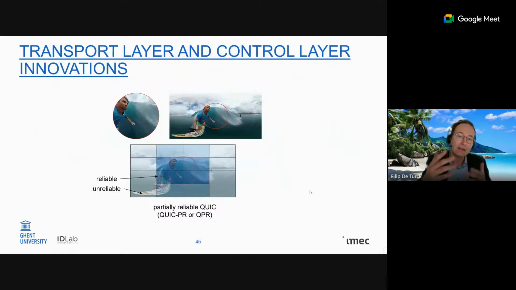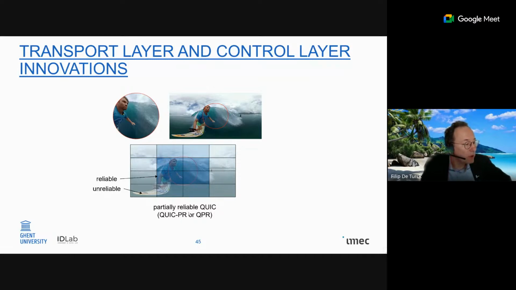And then at the transport layer and control layer innovations, we also have the partially reliable QUIC, also called PR-QUIC. QUIC is a transport protocol by Google, and these are extensions that in my team were investigated and recently published.